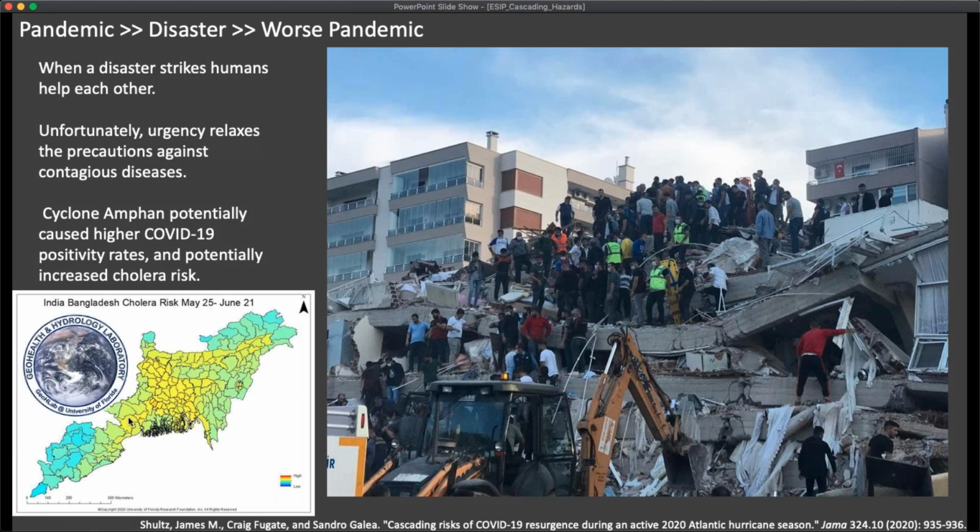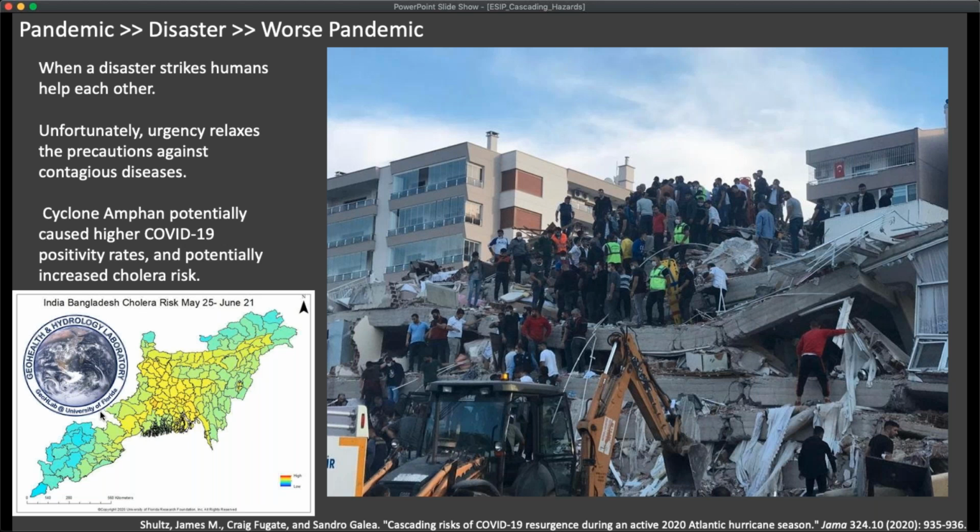For several things that we have been looking at, for example, we looked at cyclone Amphan this May, which resulted in a lot of flooding in Asia, especially in India and Bangladesh. And there are studies now, cited at the bottom of the slide, suggesting that there might be an increase of COVID-19 due to the cyclone.